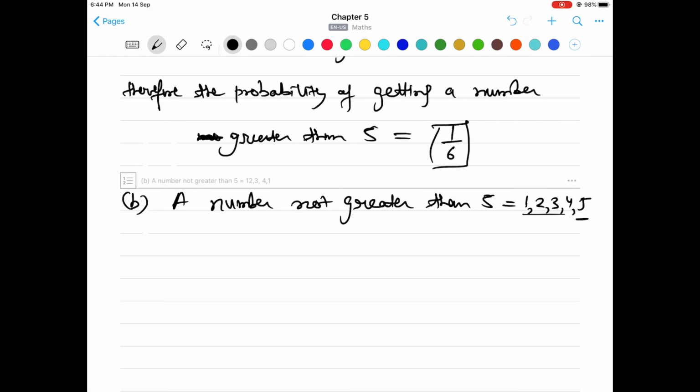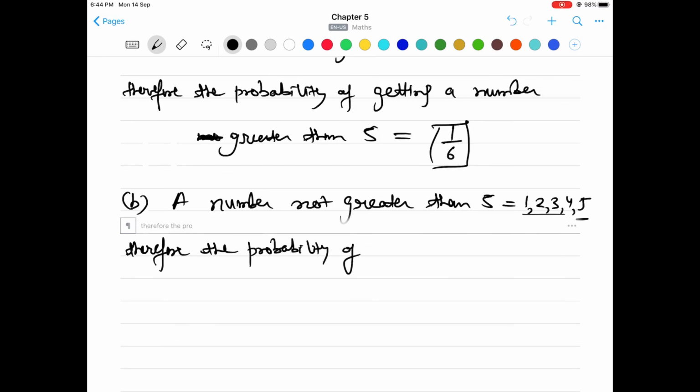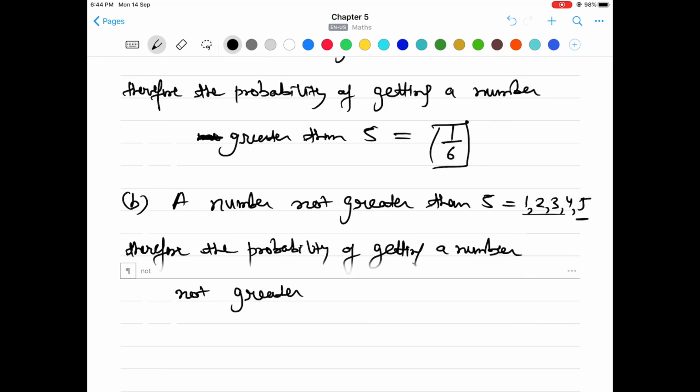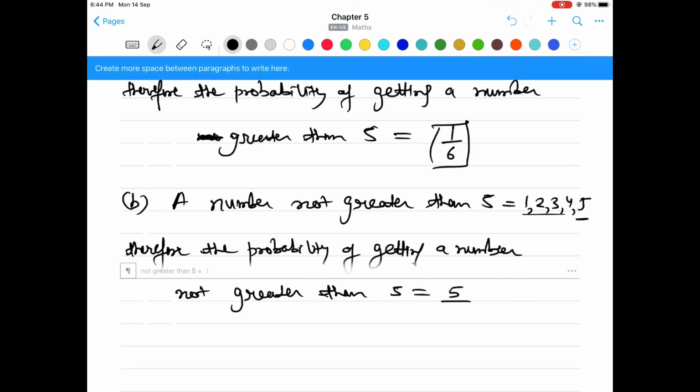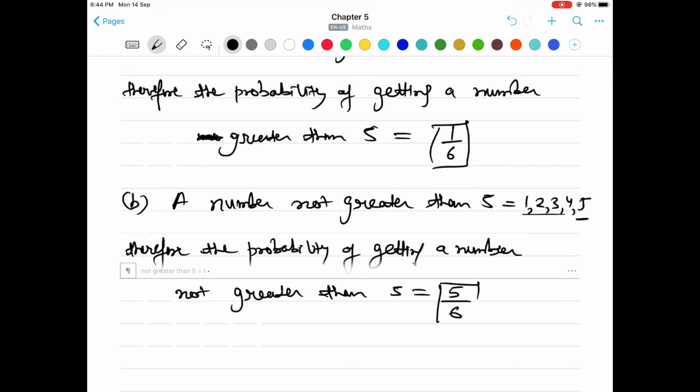Okay, so the probability will be, therefore, the probability of getting a number not greater than 5 is equal to, the total number here is 5, and we'll divide it by the total number of outcomes, which is 6.